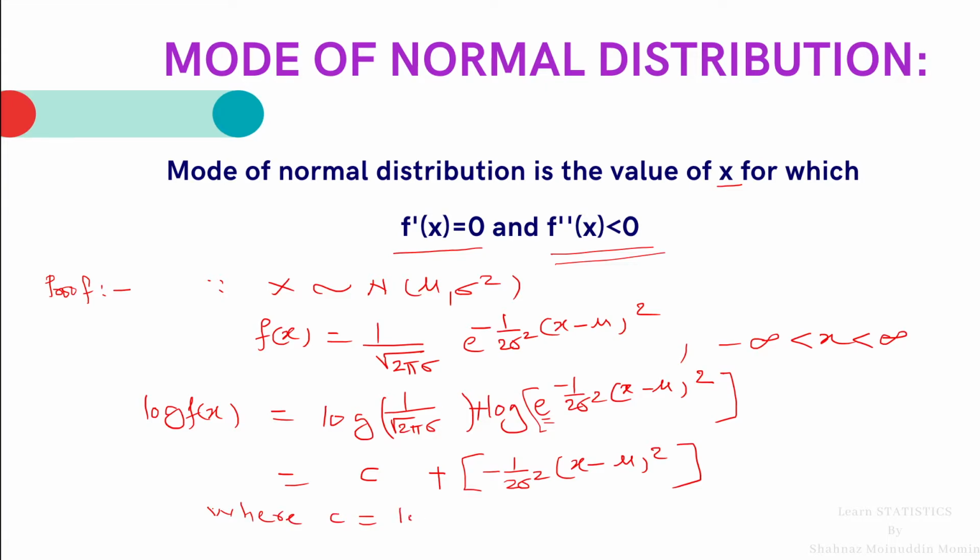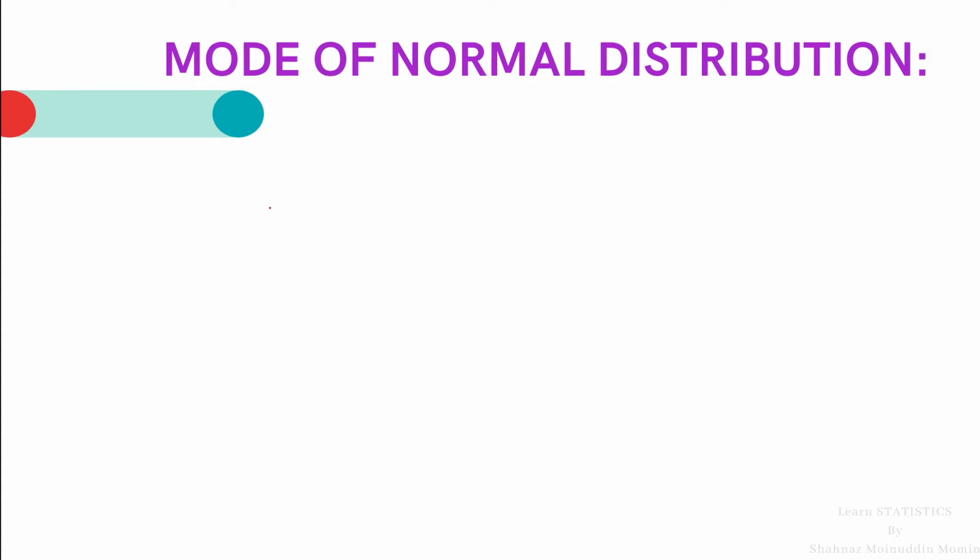Here C equal to log of 1 divided by root 2 pi sigma. Therefore, log of f(x) is equal to C minus 1 upon 2 sigma square into (x minus mu) whole square.